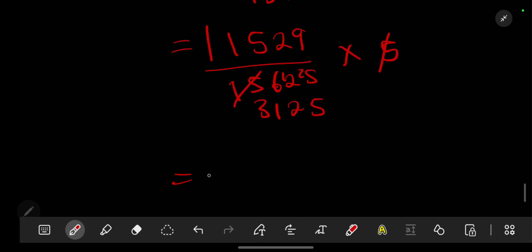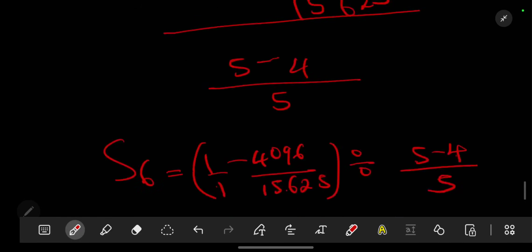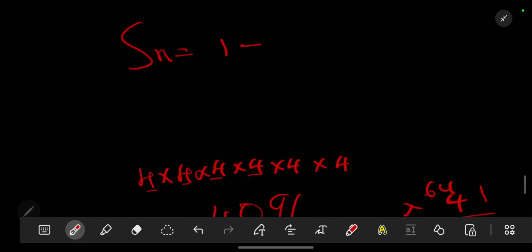So this is the value, which is 11,000. So we are going to have 11,000 like that, 529 over our 3,125. So this is the sum for, what letter were we using?